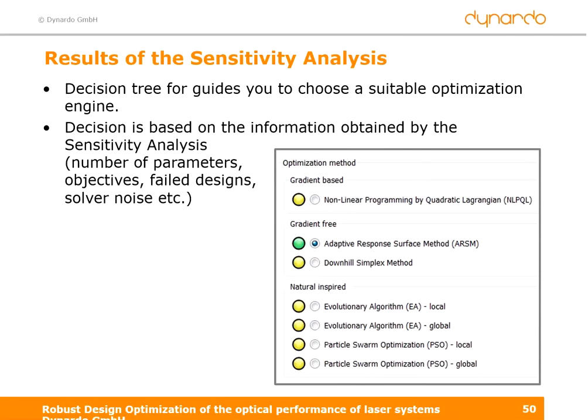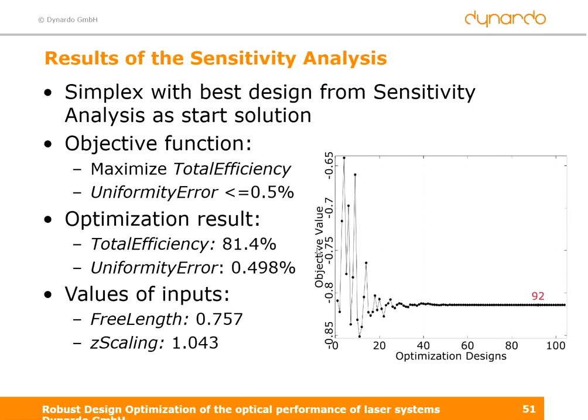For the optimization, which optimizer you choose, you will be guided by this selection tree, by this traffic light. Here, this adaptive response surface method was predicted to be suitable. But as we are experts in optimization, we said, okay, the simplex method is also okay, which we have chosen here now.